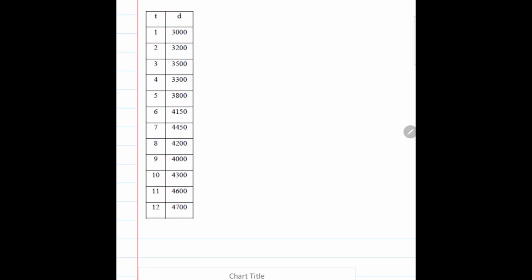So let's make one more column here to calculate what we need. So we need dt and t square. So let's just multiply t times d to get a dt, which is not that hard.